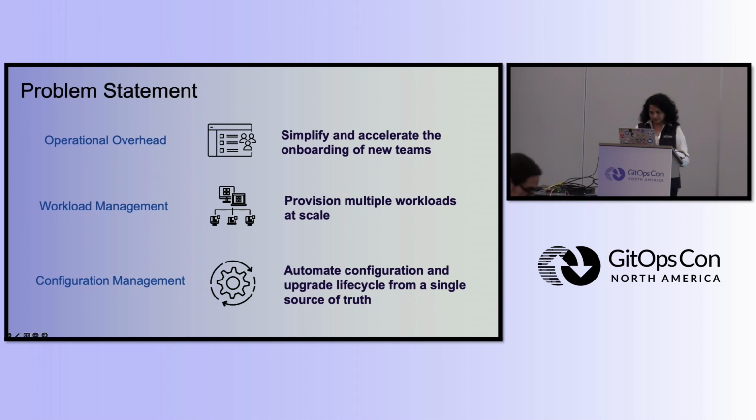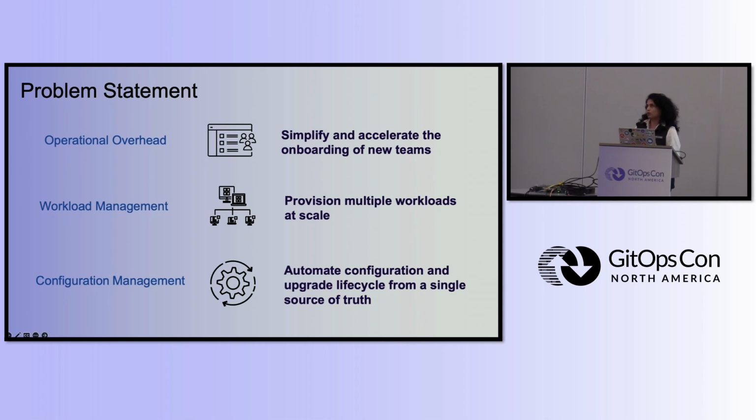So that's the challenge. What we are saying here is that addressing the operational overhead involves simplifying and streamlining the onboarding process of these teams using the GitOps platform. And of course, this requires a strategic approach to workload management to enable the provisioning of these workloads at scale.